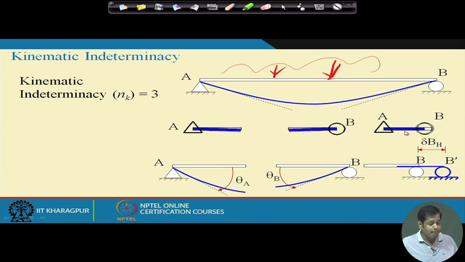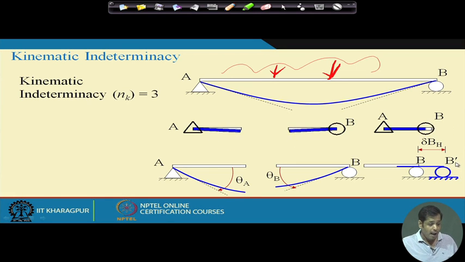Okay. But what does it mean when we allow the translation at joint B as well? When the translation is allowed at joint B, if the joint B is initially at this point, then after deformation the joint B takes the position B dash.